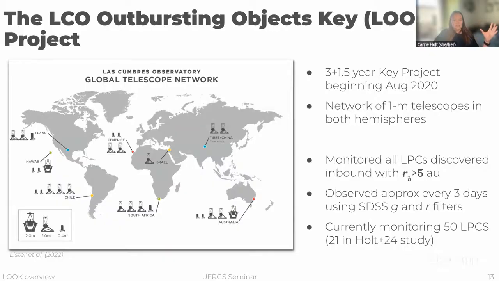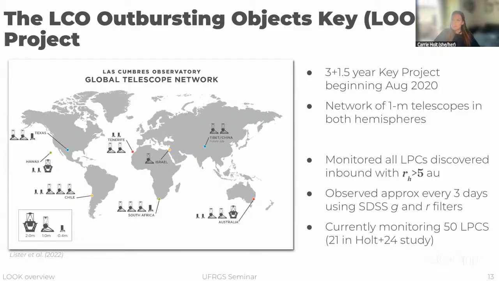How we address these questions is using a data set from the LCO Outbursting Objects Key project, or what we call the LOOK project. This uses the LCO global telescope network of 1 meter robotic telescopes.